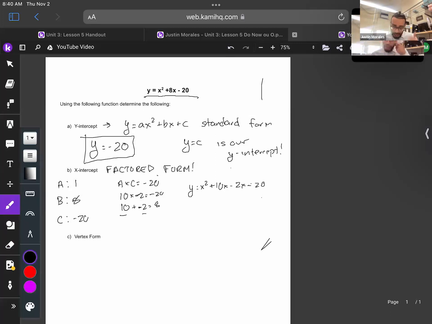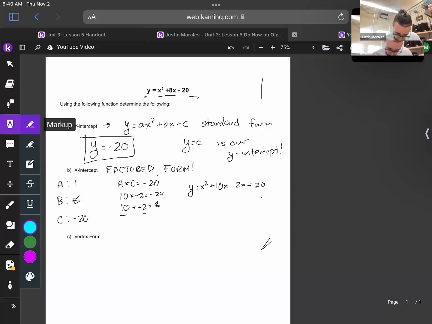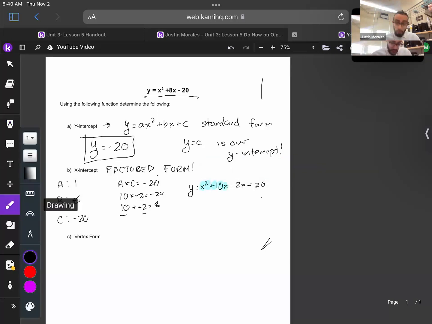So we're going to go ahead and look at the first two terms only, x squared and 10x, and factor out the greatest common factor. In this situation it is only going to be x. So if I factor out an x, we will have x plus 10 within the parentheses, right? Then we're going to automatically write x plus 10 here as well.